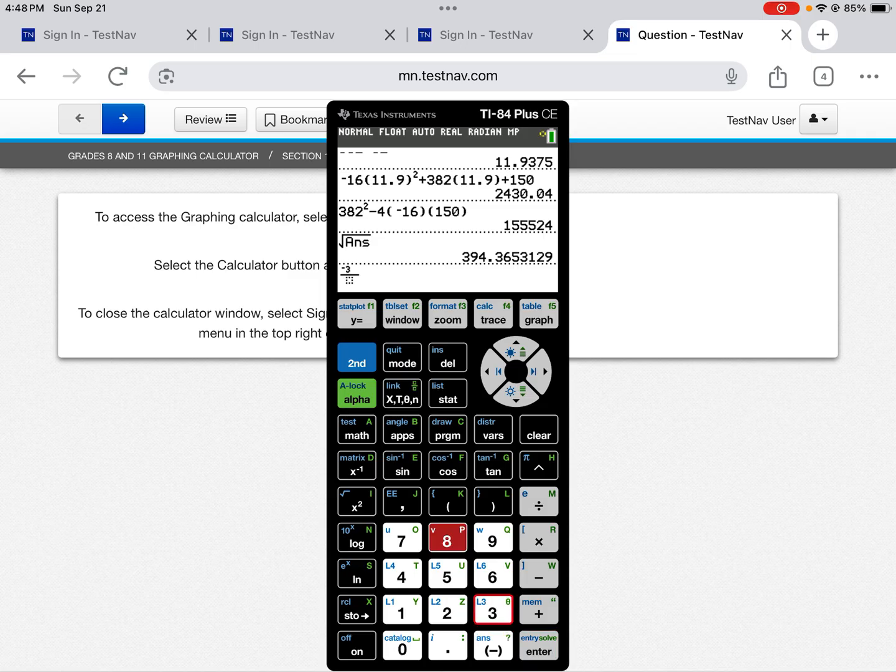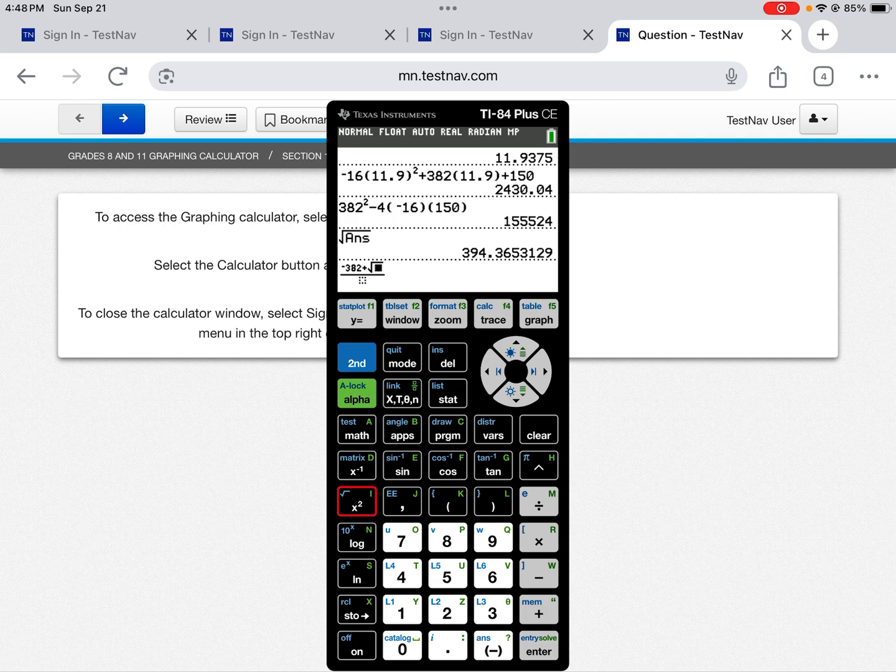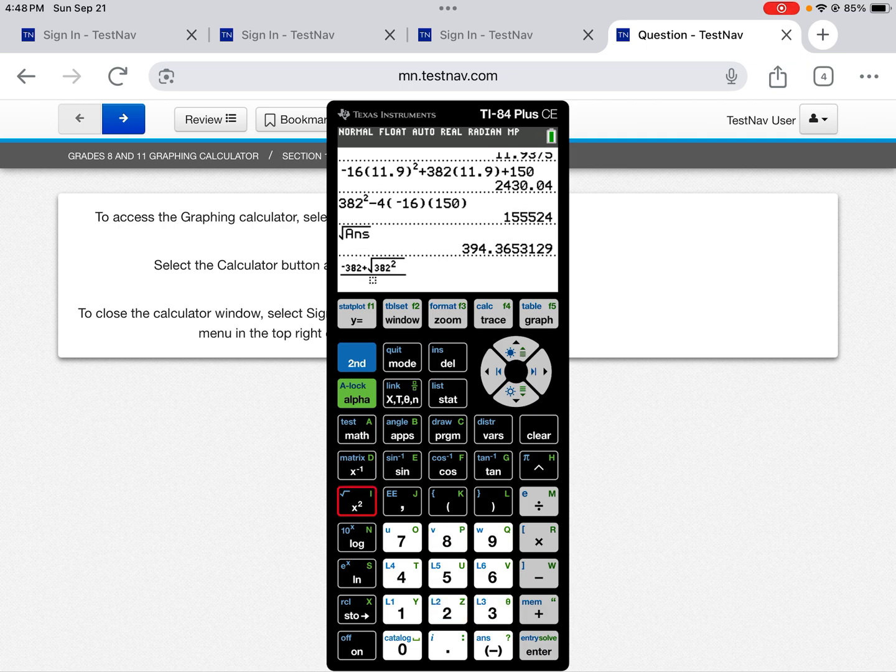Negative 382 plus the square root of 382 squared minus 4 times negative 16 times 150. I forgot it was an application problem, so we can get a decimal. Divided by 2 times negative 16. So that's the quadratic formula.